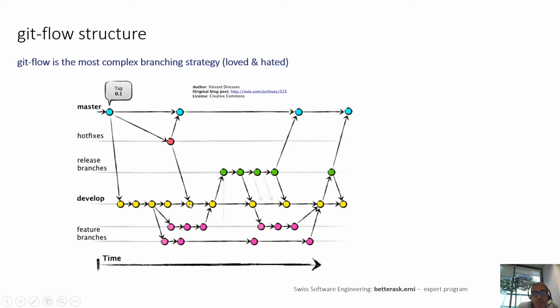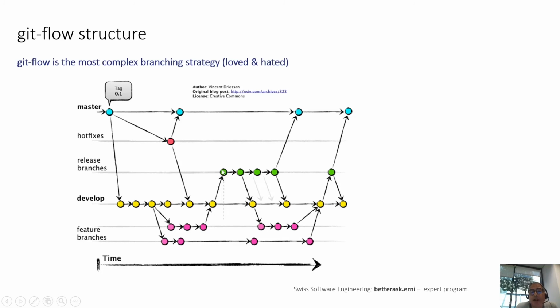So you see this yellow line, which is develop, the main developing line. From here we see that some feature branches get created. They come from the develop branch, and at some time, eventually, they get back into the develop branch. And at this point, for example, the release manager decided to create a release branch.